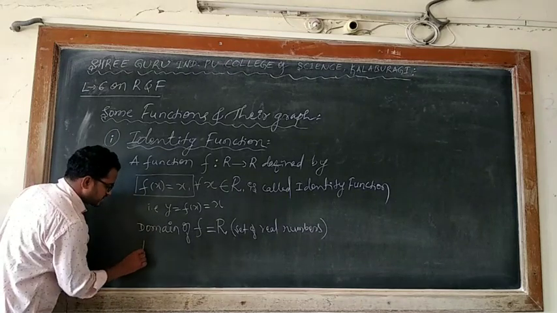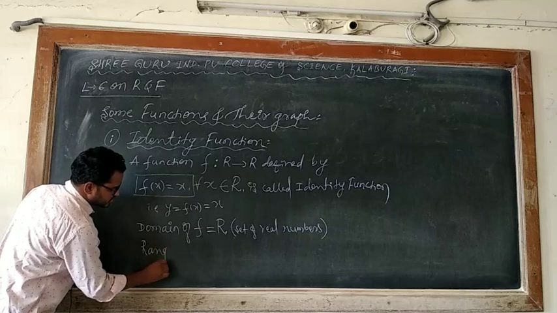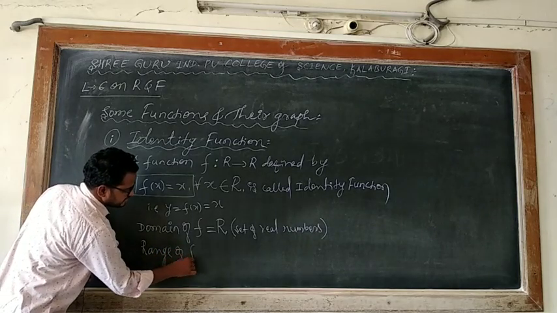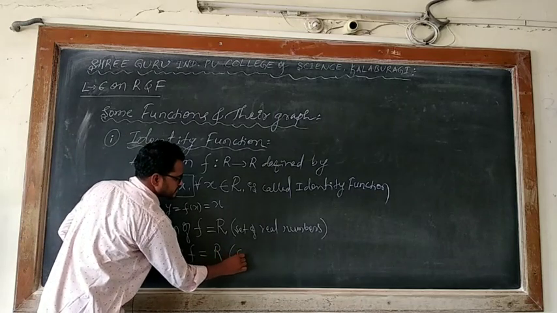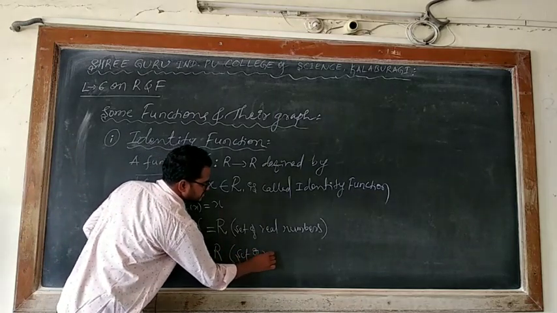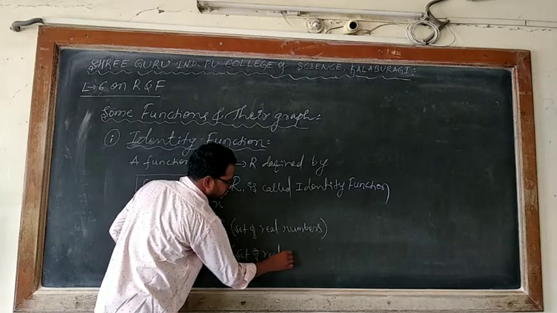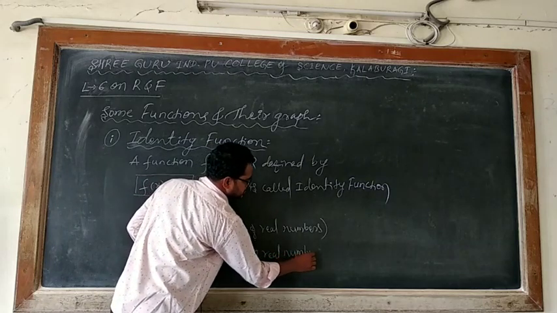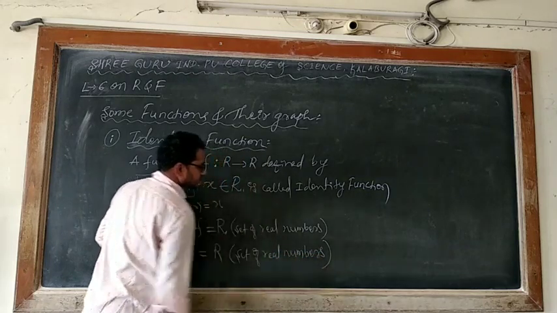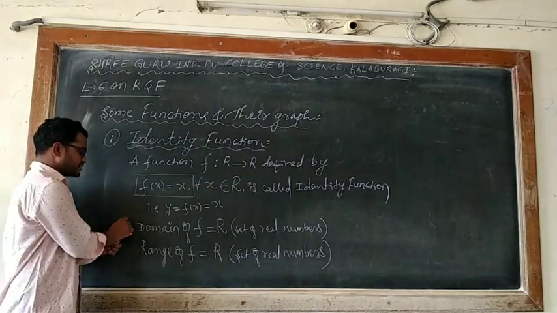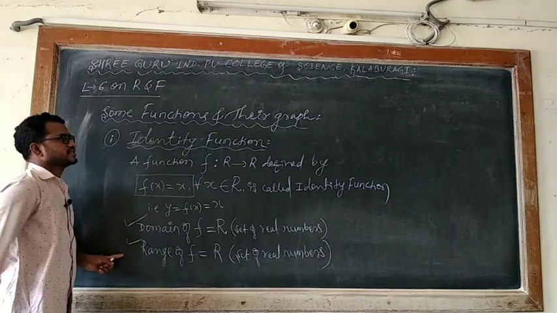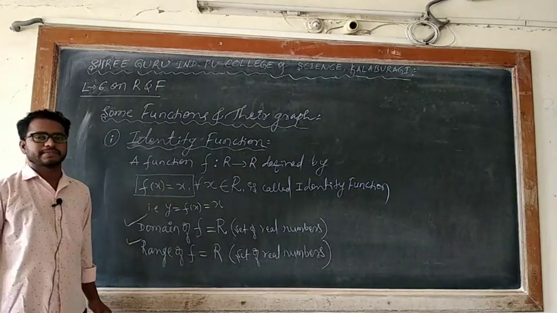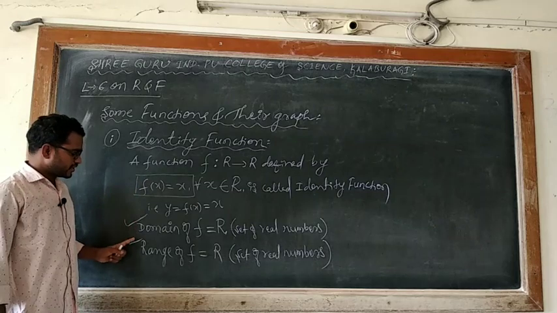So the range of f is also the set of real numbers. Domain of this function is the set of real numbers, range is the set of real numbers. Both are the same. This is the definition, this is the domain, this is the range.